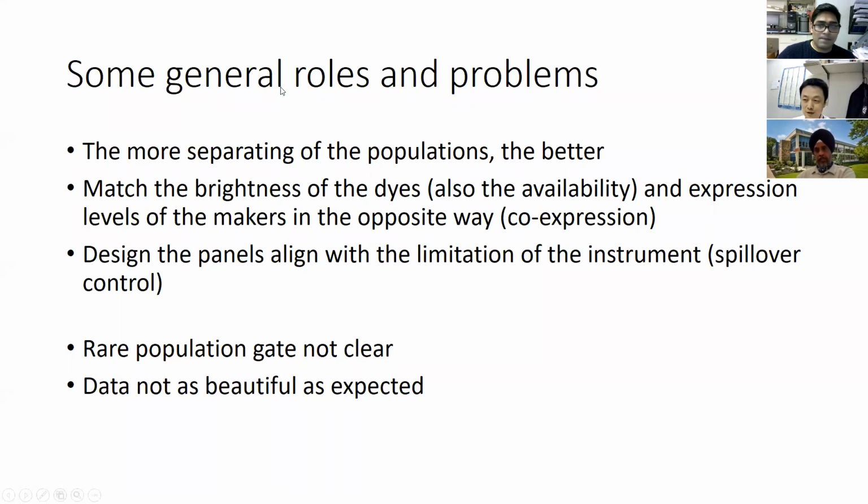So even if you follow all these rules, there are still issues we have to face. One is that the real population gate is not clear. Sometimes you don't even see the population stand out from the negative population or debris, or the data is not as good as you expected.